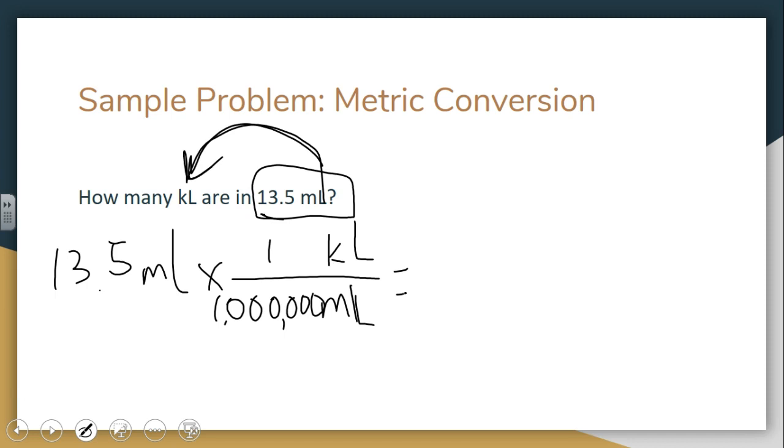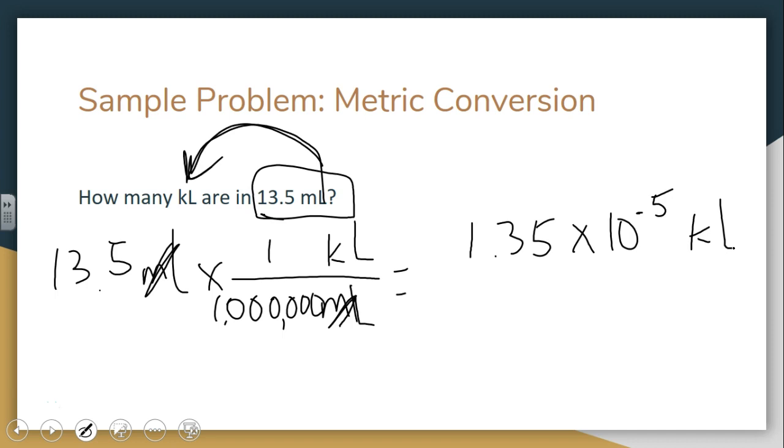So if we're going to do that, we're going to get 1.35 times 10 to the minus 5. Milliliters cancel. And now we have kiloliters. So that's step 5. Do the math.